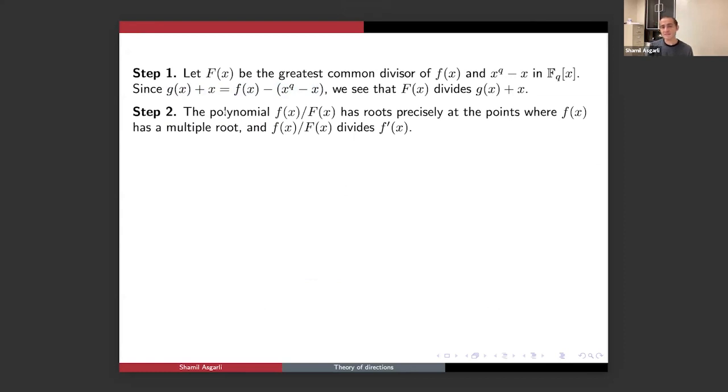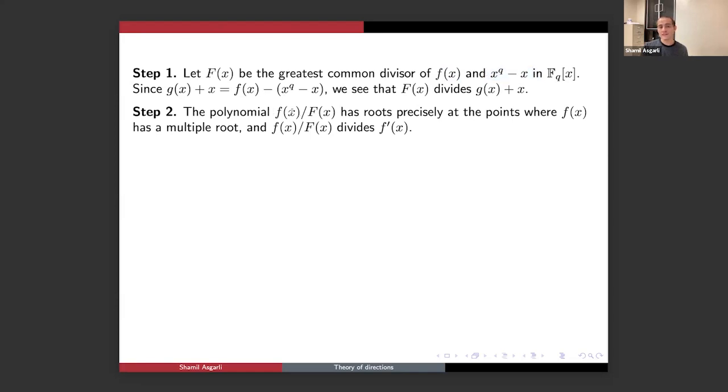The second step is to realize that the polynomial f of x divided by capital F of x has roots precisely at the points where lowercase f of x has a multiple root. And that's because we're taking capital F to be the greatest common divisor of f of x and x to the q minus x, and this has all the distinct roots in F_q.